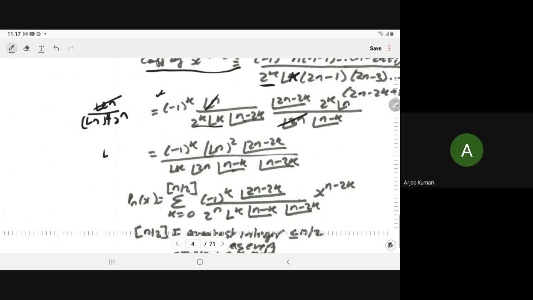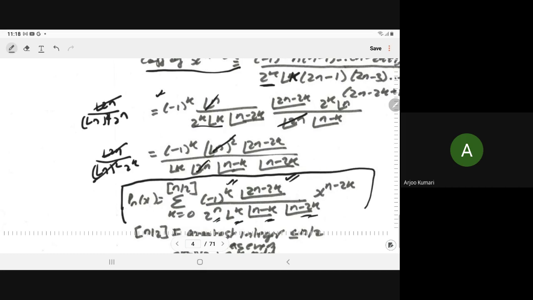Here we are multiplying, so it is factorial n whole square and 2 to the power n; this will cancel out. Factorial of 2n will cancel out. And here we have minus 1 to power k, factorial of 2n minus 2k upon 2 to power n, factorial of k, factorial of n minus k, factorial of n minus 2k into x to power n minus 2k. So that is our Pn, another formula for the Pn.